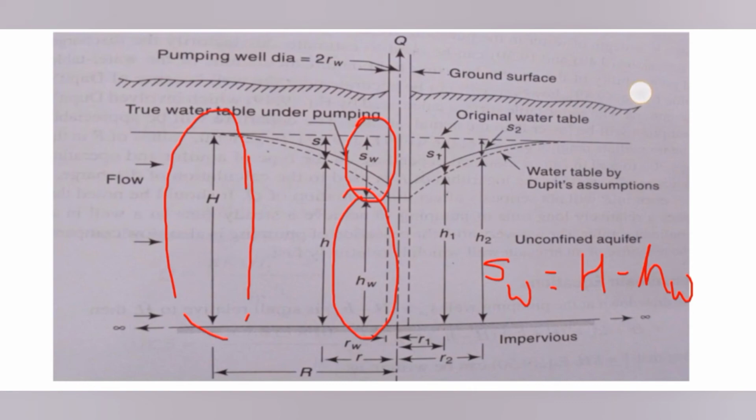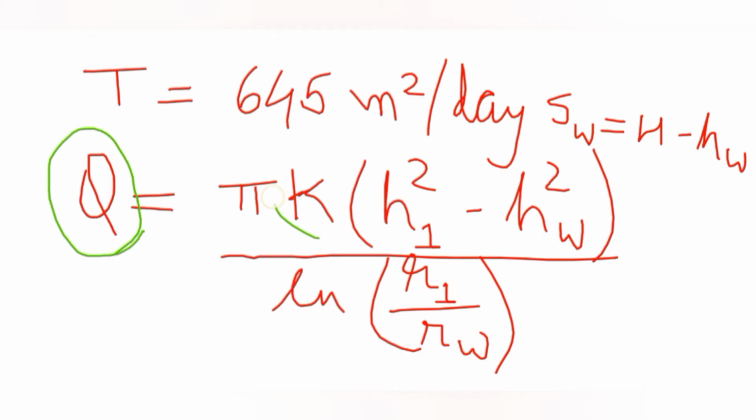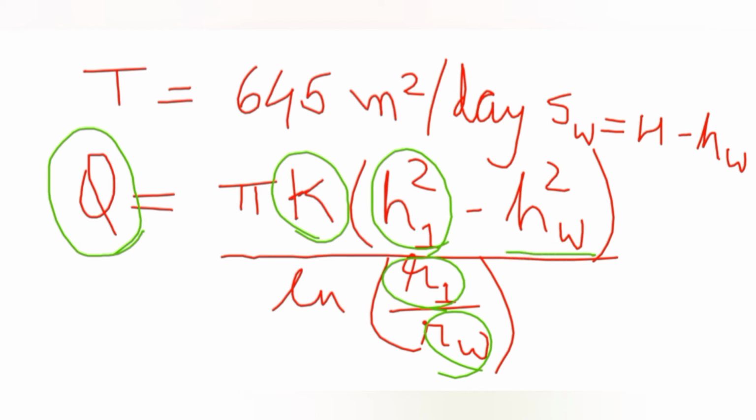See here, we have Q, then the coefficient of permeability, H1, R1 and RW. All the values we are having. So from this equation, we'll get HW.